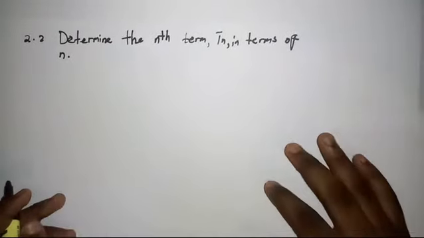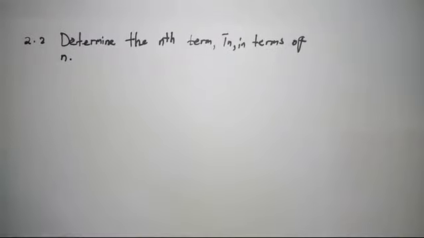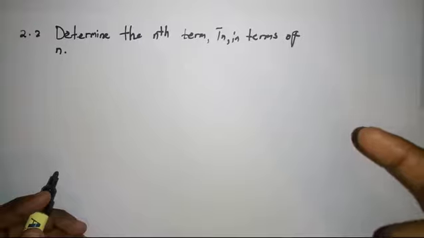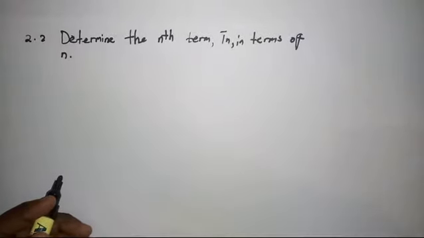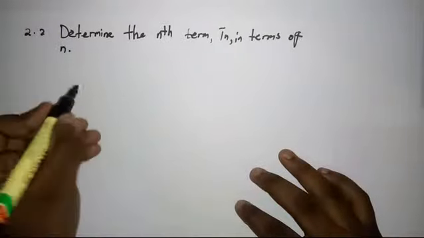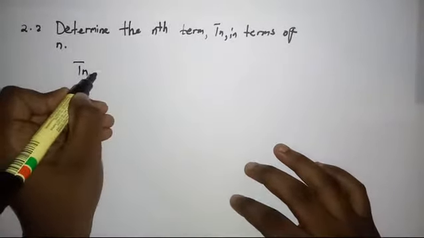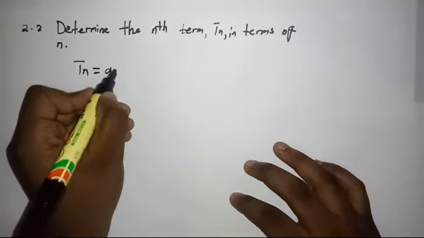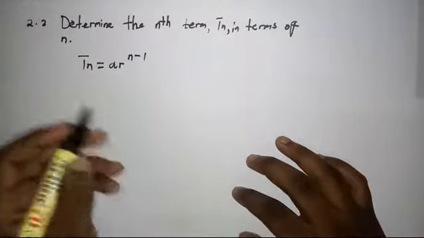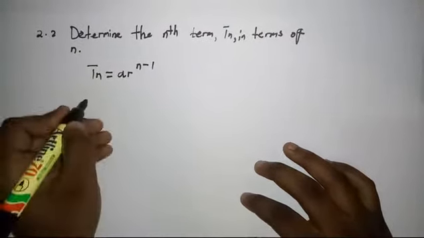Question 2.2 asks that we determine the nth term Tn in terms of n. So what this question is asking you to do is actually to find the general formula for this sequence. As I've shown you on the previous question, Tn is equal to ar to the power of n minus 1. I've already calculated r, it's a half.